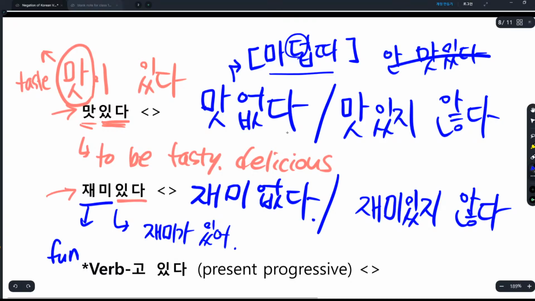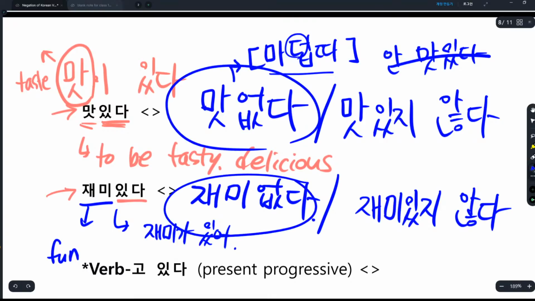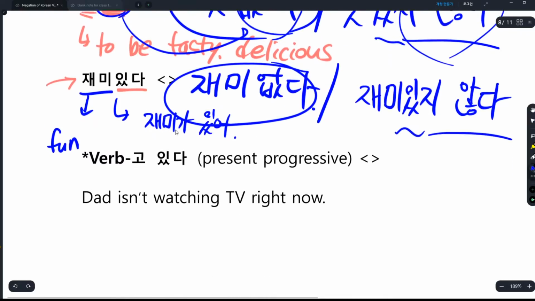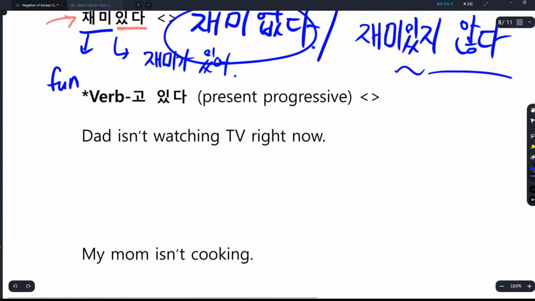But of course, saying 맛없다 and 재미없다 is more common, rather than putting 지 않다 after an 있다 ending verb or adjective. So you can remember that 있다's negative form is 없다, and this is more common than 지 않다. Okay. 그 다음에요.